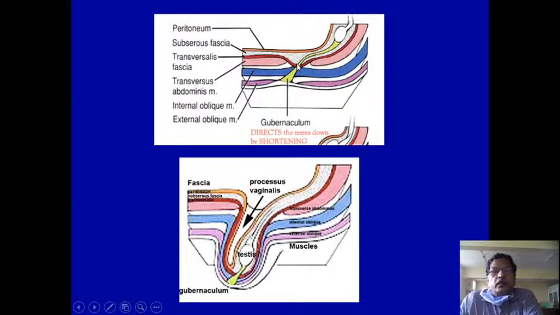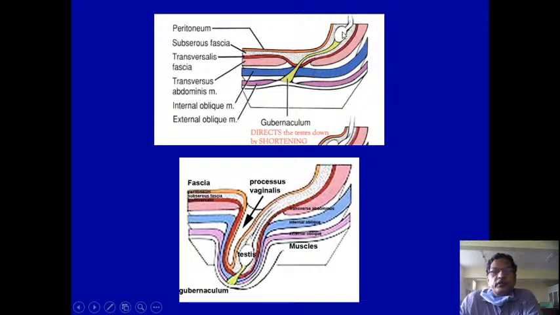What we know is the testis is at the level of internal ring at 3 months of gestation. At 3 months, it descends up to the level of the future internal ring of the inguinal canal. As you know, inguinal canal has got internal ring and external ring. In between there is a canal.